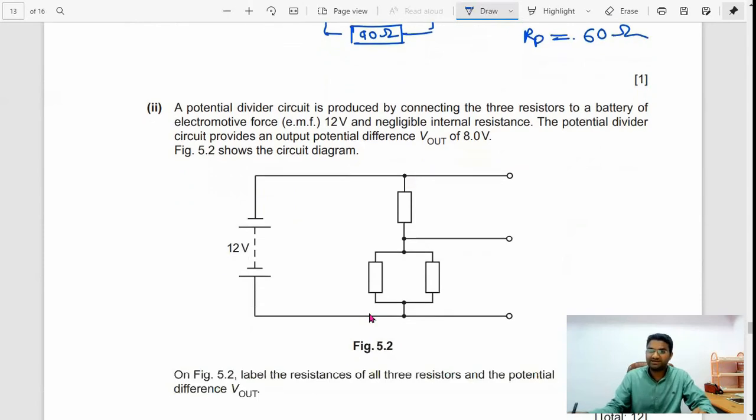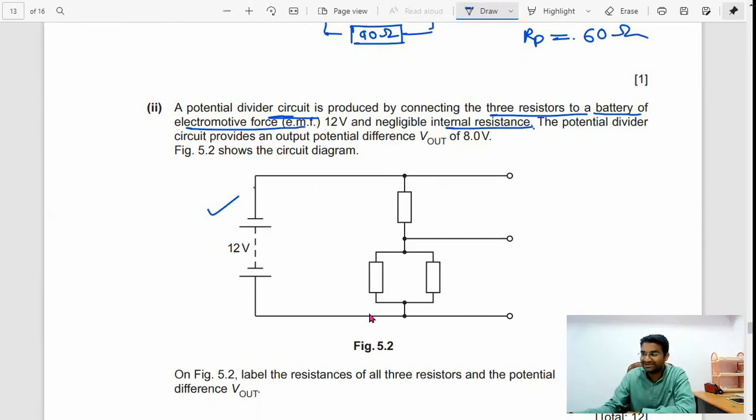Next, the last part. The potential divider circuit is produced by connecting three resistors to a battery of electromotive force 12 volt with negligible internal resistance.